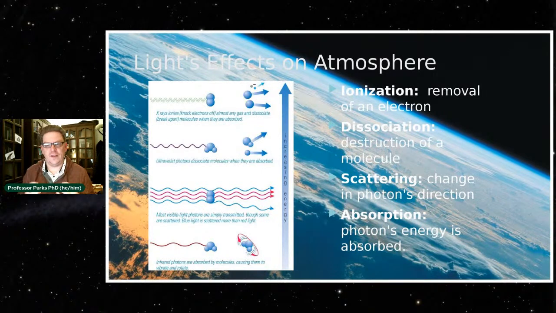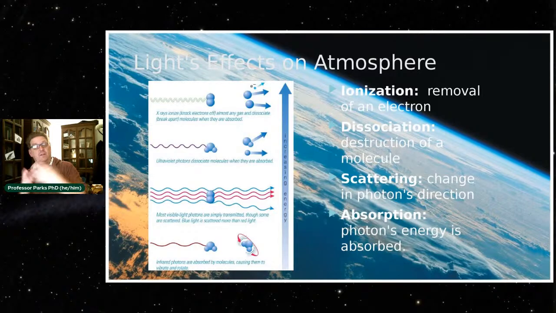When you have very low energy gas, the molecules will absorb infrared light and then re-radiate that light in a random direction, as I described with the greenhouse effect. Now, if we raise the temperature of the environment, then you can have scattering.